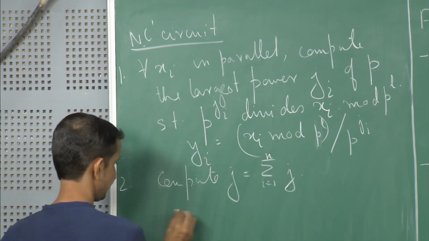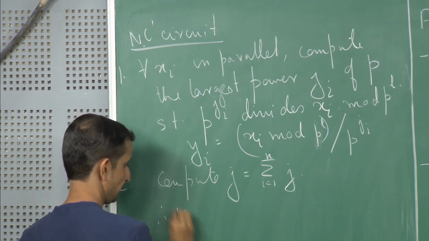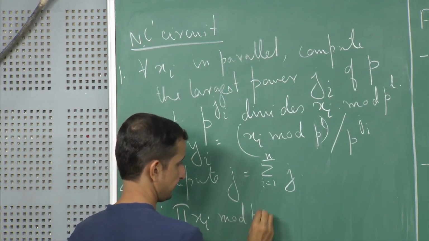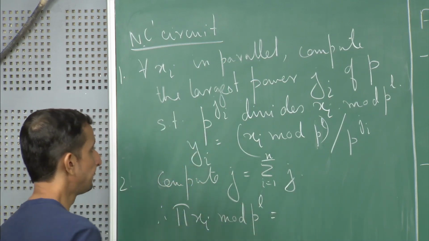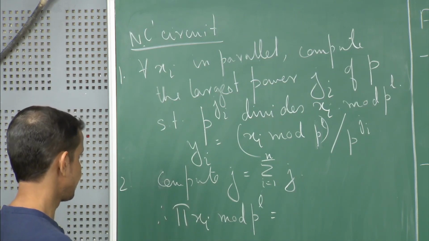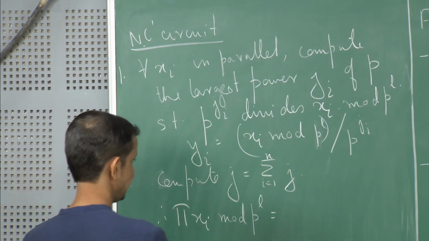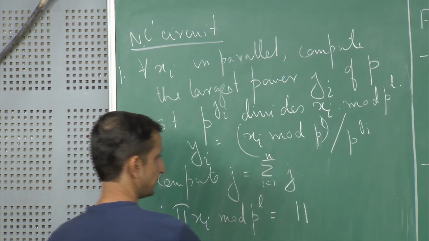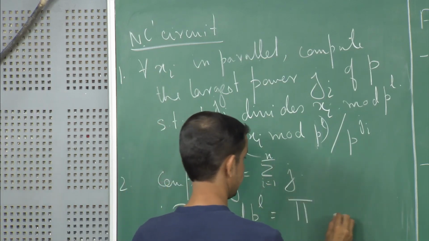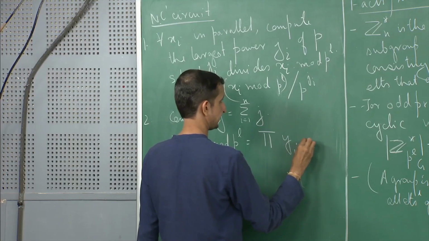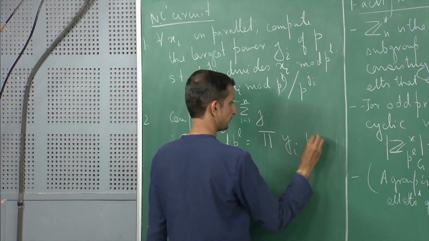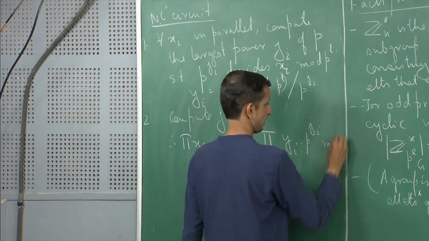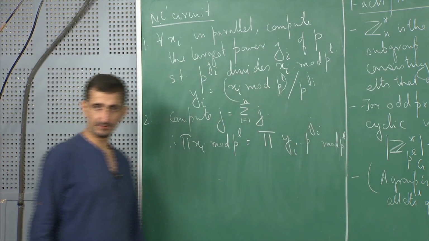So now what do we have? Therefore the product of xi mod p to the power l is nothing but the product of yi times p to the power ji mod p to the power l, right?